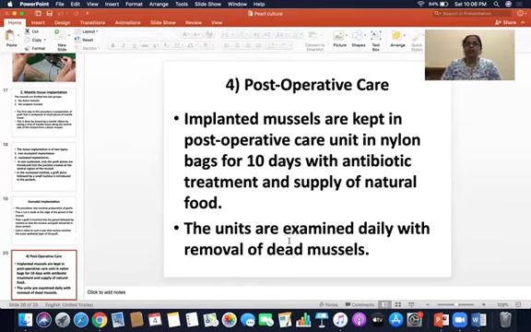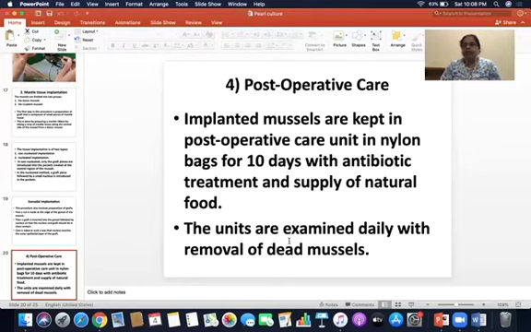Once the implantation of the grafts is completed in any of the three methods, the next stage of pearl culture is post-operative care. Those muscles that have undergone surgery, the implanted muscles, are kept in a holding area known as the post-operative care unit, in nylon bags for about 10 days.